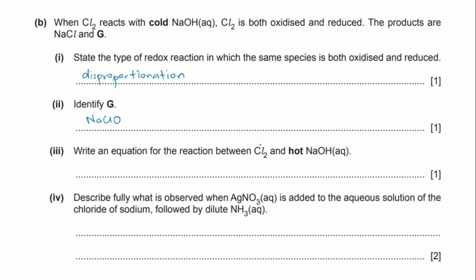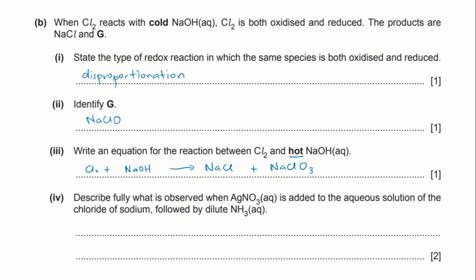In part 3, we are supposed to write an equation for reaction between chlorine and hot sodium hydroxide. So that means the change in oxidation number of chlorine will be larger compared to with cold sodium hydroxide. Chlorine will react with hot sodium hydroxide to form sodium chloride and sodium chlorate, this time NaClO3.